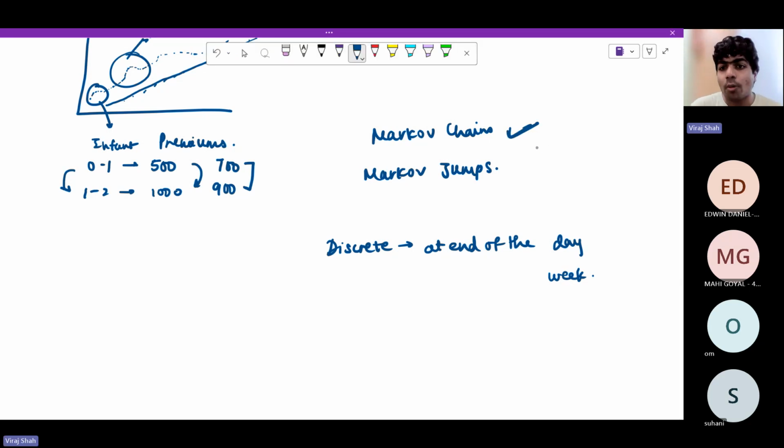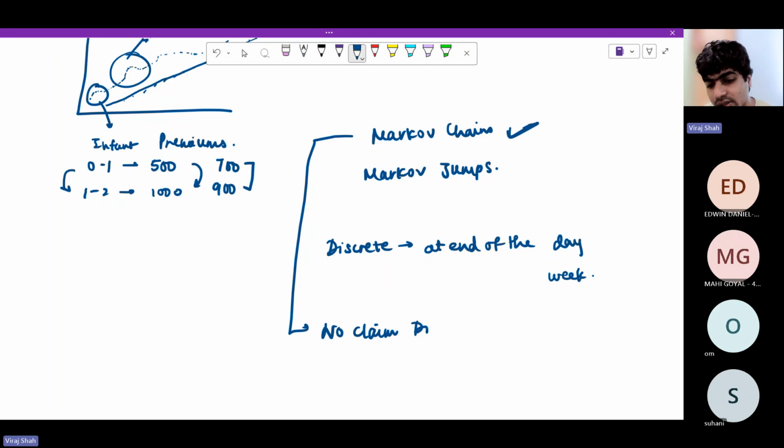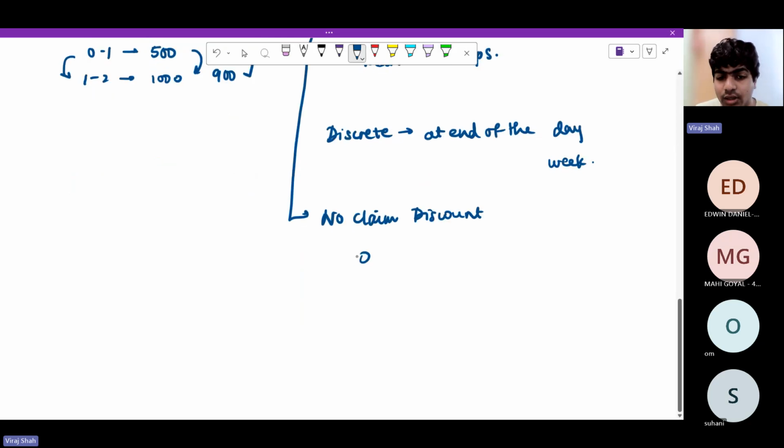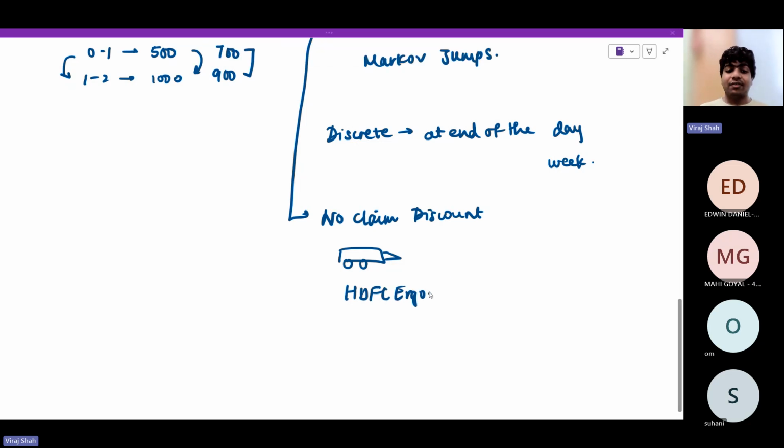A very common thing, the major thing that they teach here in Markov chain, is the no claim discount. What is this no claim discount model? Basically, suppose I am a policyholder. I have taken a car and I have taken an insurance from HDFC Ergo, for example.